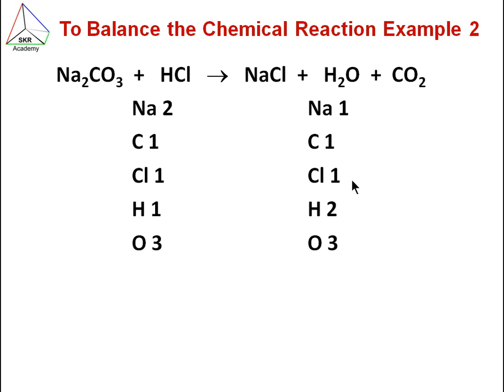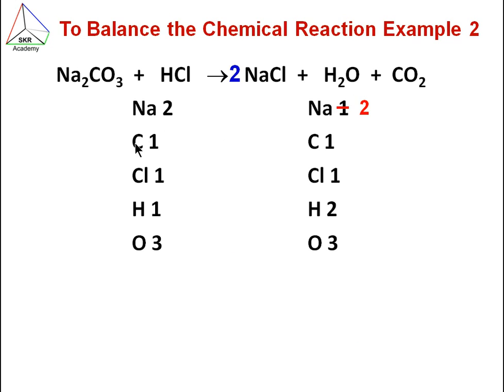So you can see we will first balance the number of sodium atoms. On the left hand side there are 2, and on the right hand side there is only 1 sodium. So we will add a coefficient 2 in front of sodium chloride, then the sodium atoms will be balanced, 2 on each side.